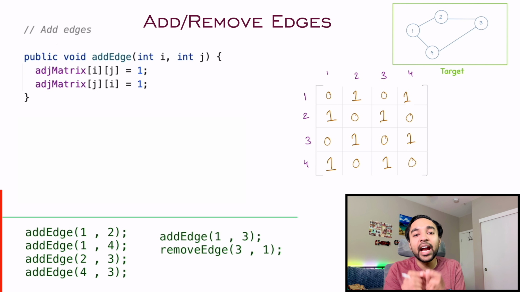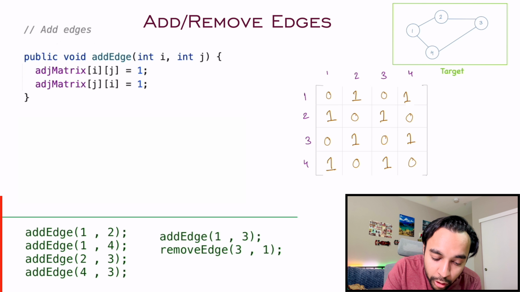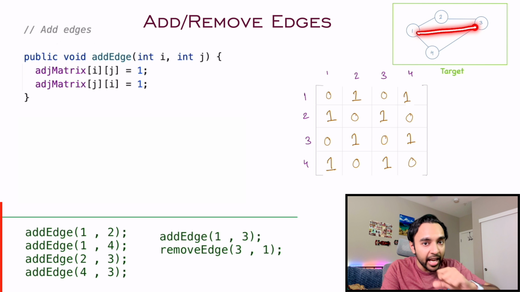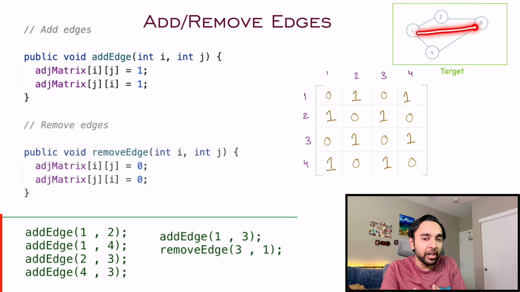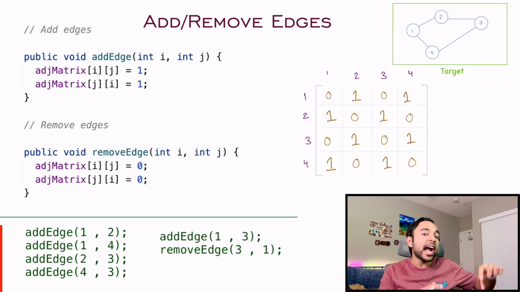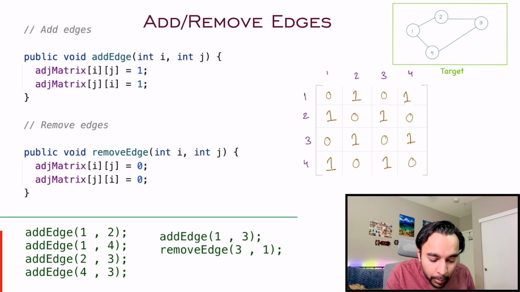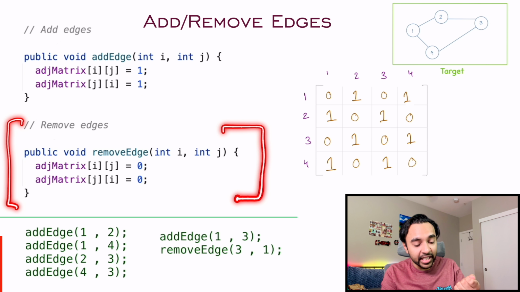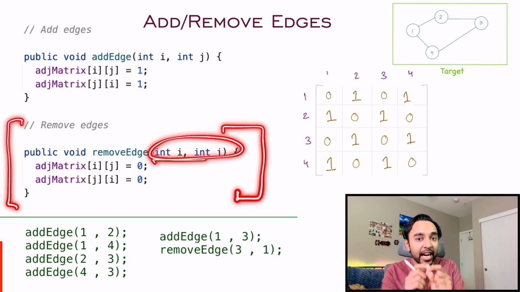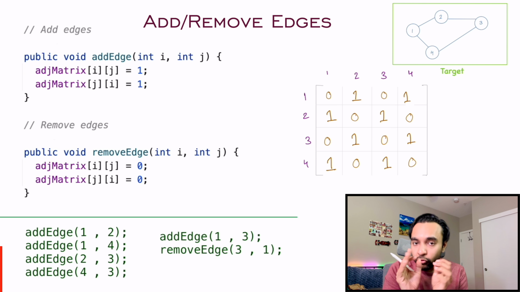Let us say you added an edge by mistake and you created a connection between node 1 and node 3 also, right? So now you need to define a function where you can remove an edge as well. So just like the add edge function, you will create a new method remove edge. And once again, it takes in two parameters, that is the row and column. And what do you do?